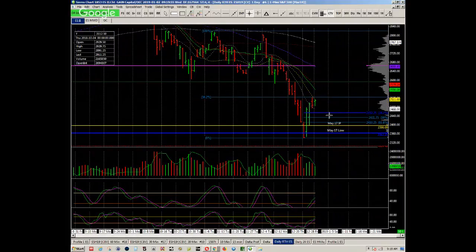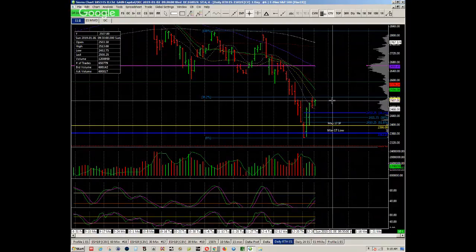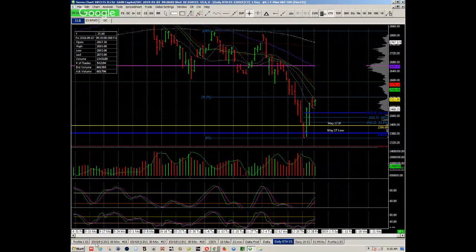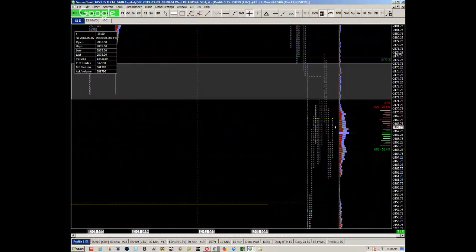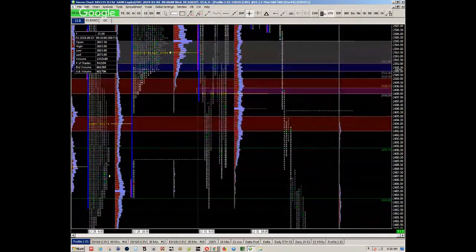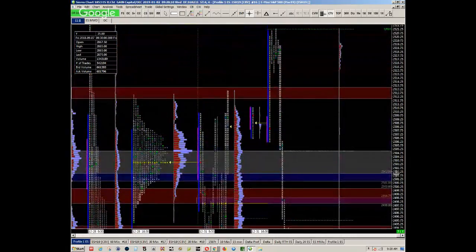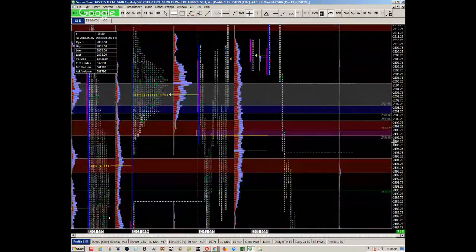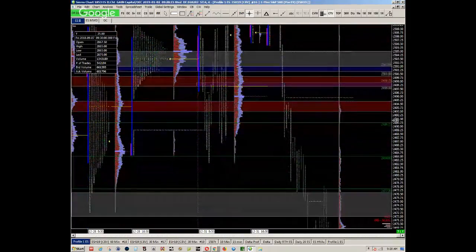We've got a low at 52 quarter, trading at 68 right now, and the close on Monday depends on how you want to look at it. I'm probably going to merge Monday's profile. Monday's going to be a valid profile here, so I'm going to use it.